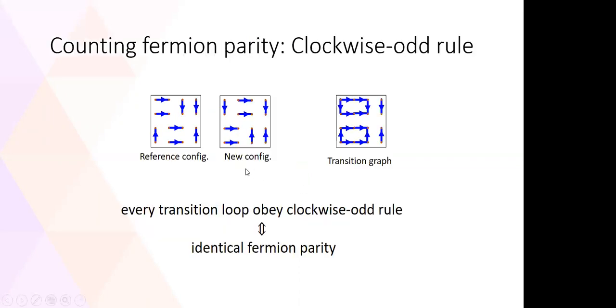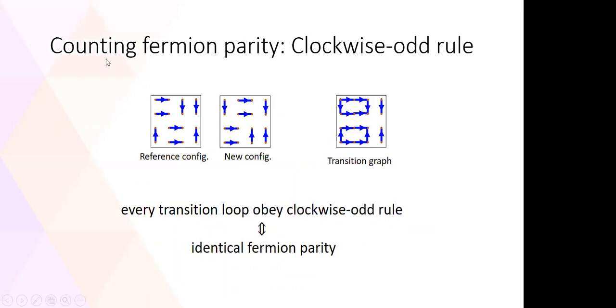So in the paper, they actually give a really cute proof that if you want to compare the total fermion parity of two dimer configurations, let's say in these two pictures, an easy way to do that is to look at their transition graph. And here we also look at the orientation of the dimers or the links.